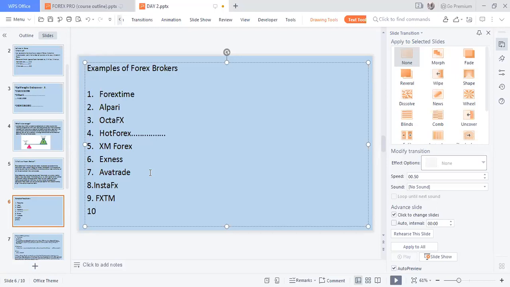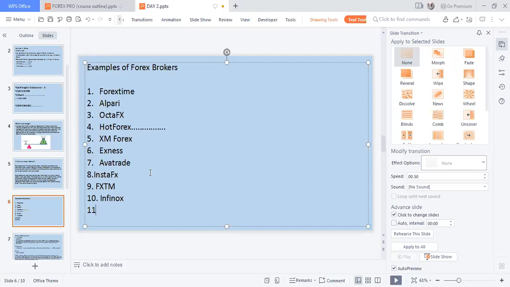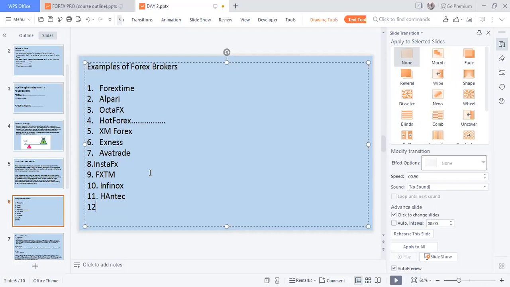Number 10, we have Infinox. We have OctaFX. We have Antec, number 11. If I should start calling brokers, they will all sleep here because we have 1,001 brokers outside. We have number 12, TopFX. There are plenty. You know them.